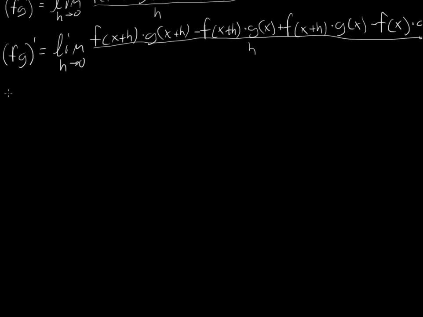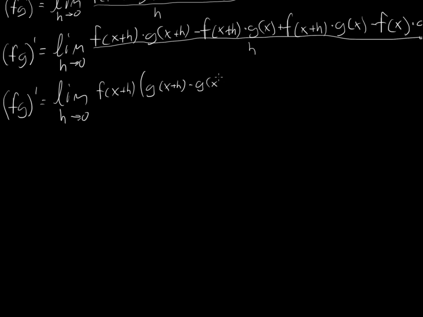So what I'm going to do is manipulate this little change that I made. I'm going to factor this. The limit as h approaches 0 of f of x plus h times g of x plus h minus g of x, and all of that over h.